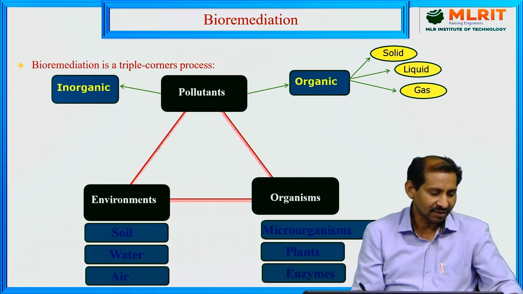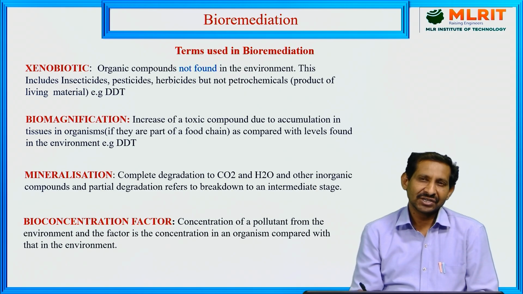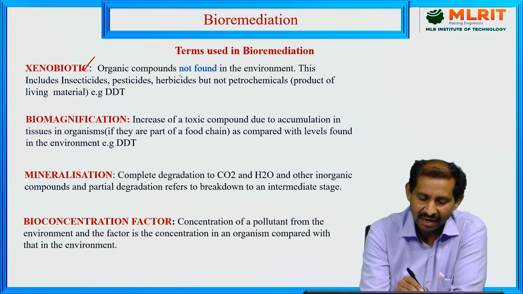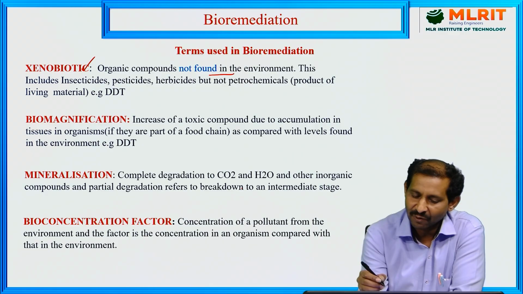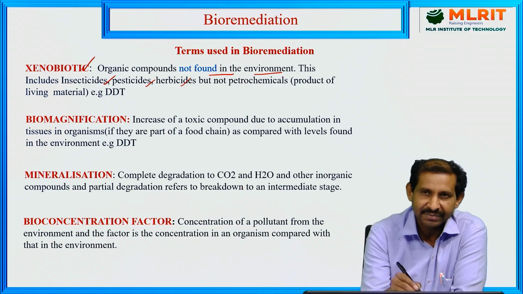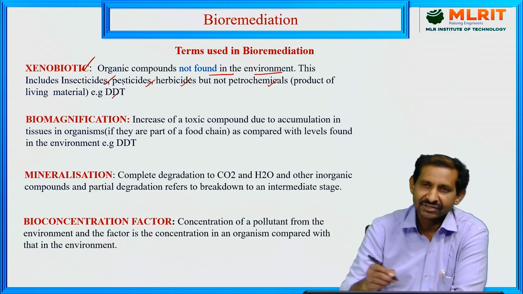Now coming to some of the terminology involved in the bioremediation. Here is the xenobiotic. Xenobiotic means organic compounds generally not found in the environment. These include insecticides, pesticides, herbicides, petrochemicals, and DDT is an example.